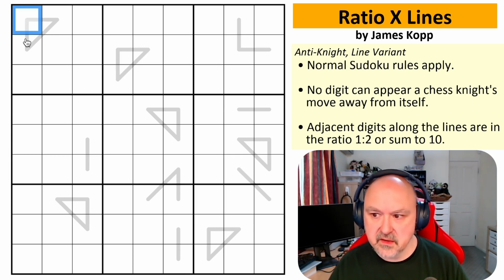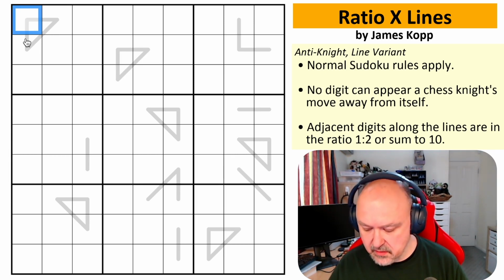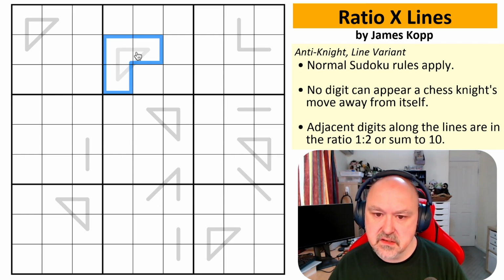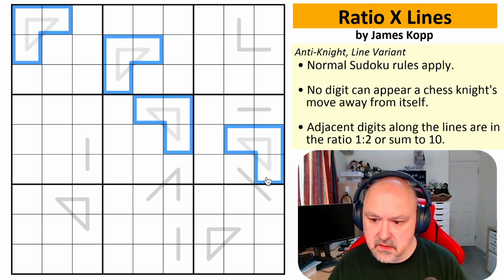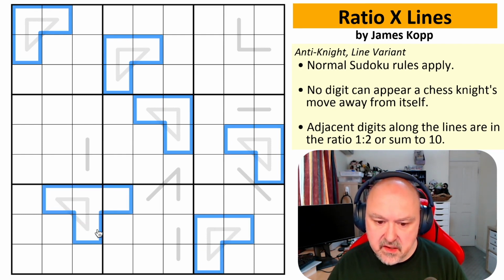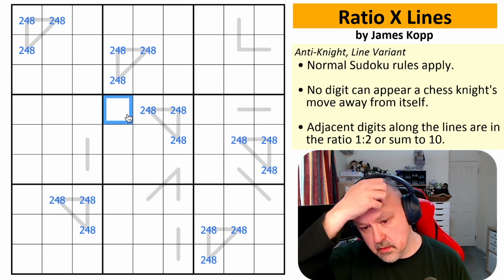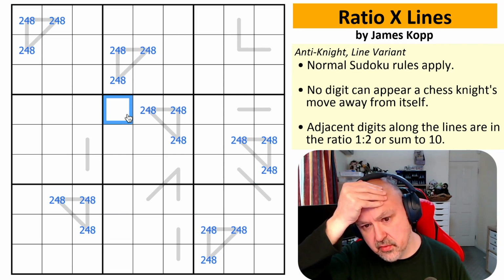I can't use 1, I can't use 3 or 6, I can't use 5, 7, or 9. So these are only from 2, 4, and 8. These triangles are all 2, 4, and 8. That's weird. But it's got to be true.